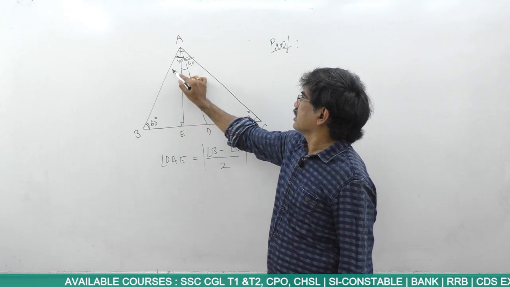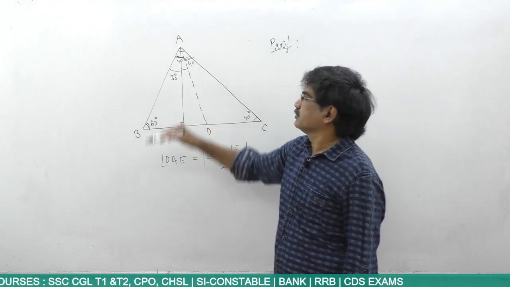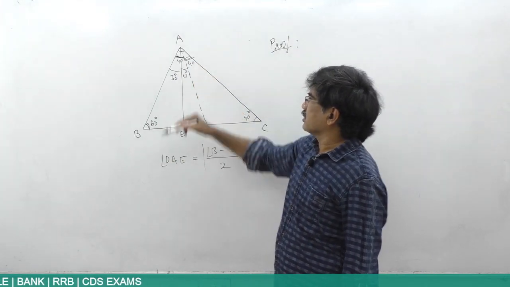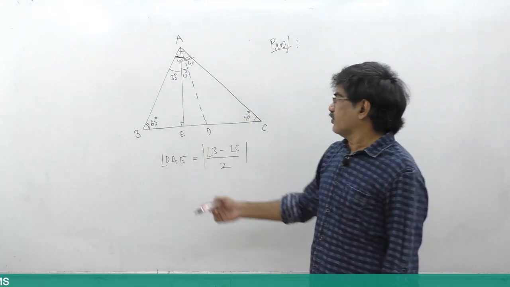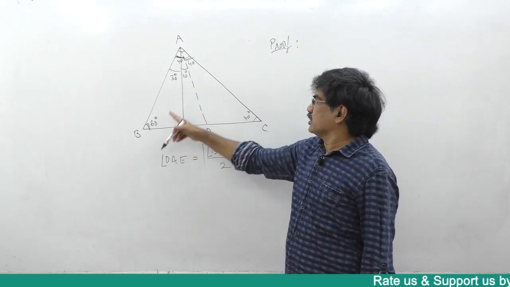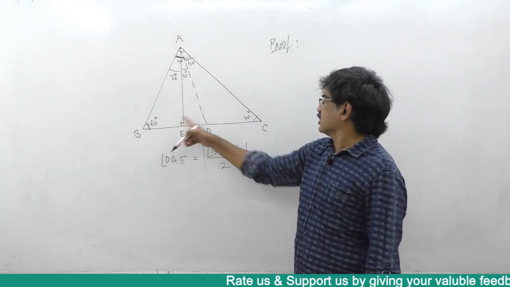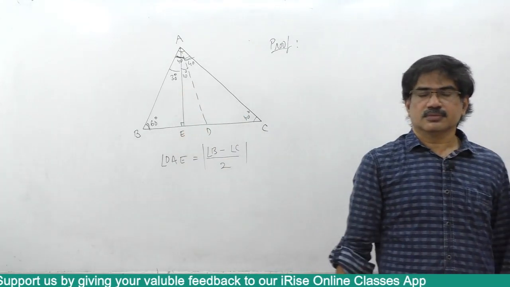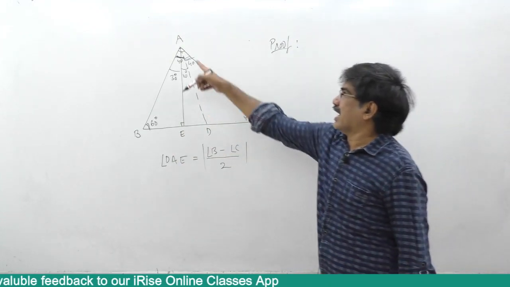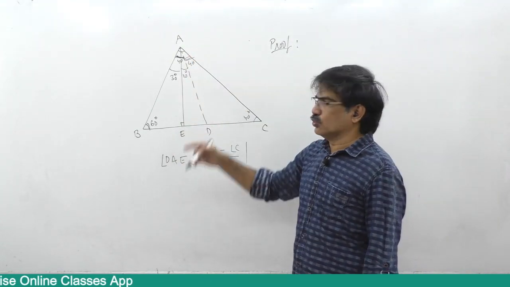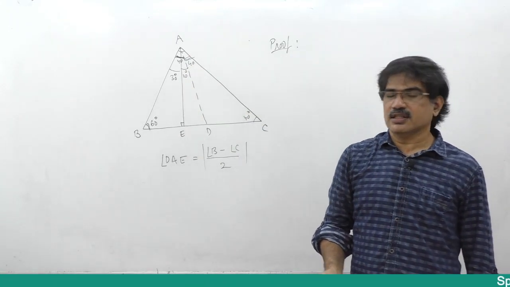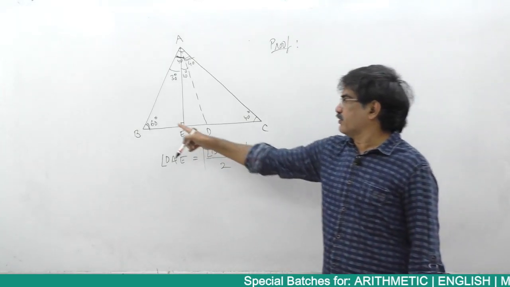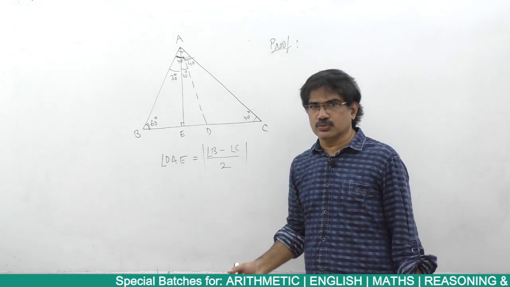This is 90, 60, therefore this angle is 30 degrees. This total is 40, this is 30, therefore this is 10 degrees. Therefore, this value is equal to the difference of these two angles, 60 minus 40, 20 by 2, which is equal to 10. Okay? If the angular bisector and altitude are drawn from the same vertex, then the angle between those two lines is equal to the difference of the base angles by 2.